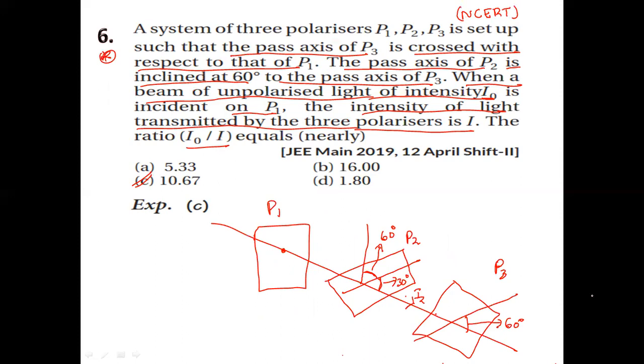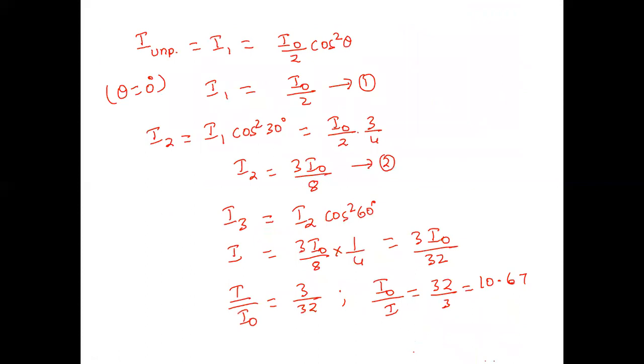Same question, there is no change in value. Completed. Next.